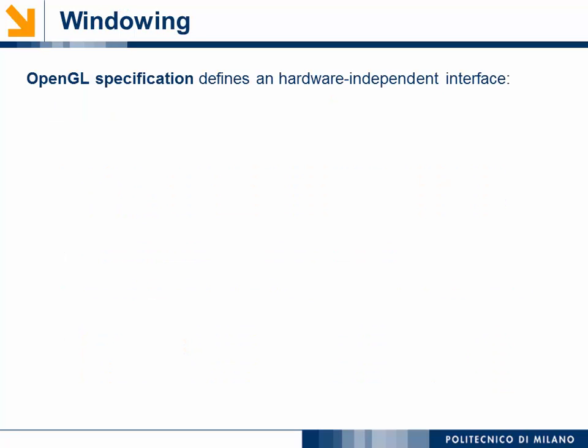Okay, so about the windowing. The OpenGL specification defines a hardware-independent interface, and that's a key point. Otherwise, OpenGL cannot be cross-platform. It has to operate independently from the interface.